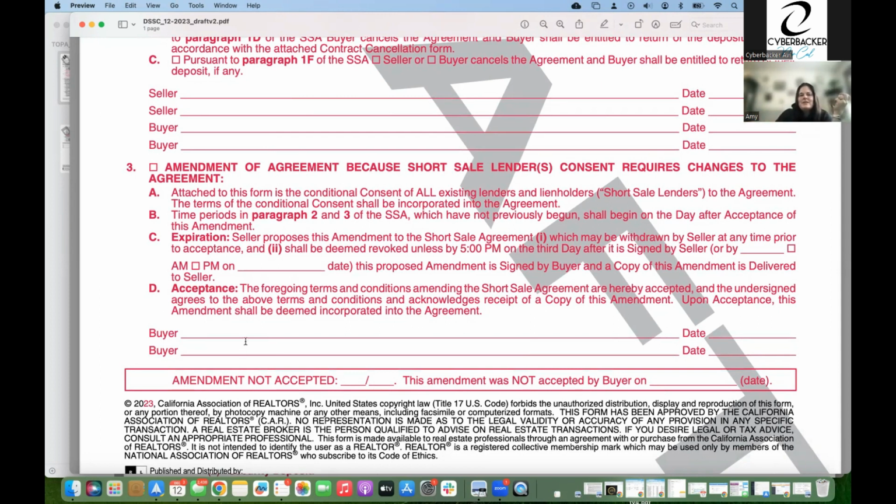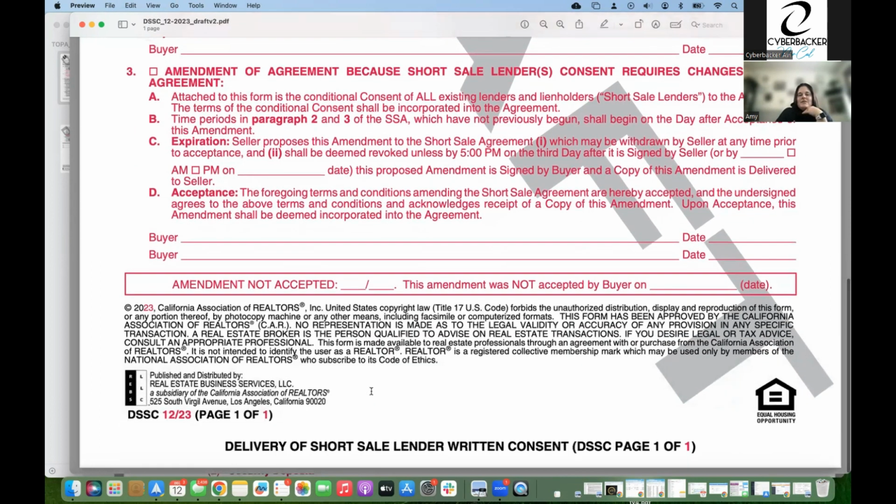So it seems like there should be a seller signature line there, but we would check this box here. Seller's not going to sign. We're just going to attach the changes to the agreement through the short sale lender's approval letter there. Buyer is either going to sign that they agree to it, or they're going to sign down here that they don't accept the amendment. At which point we're then going to cancel the contract.